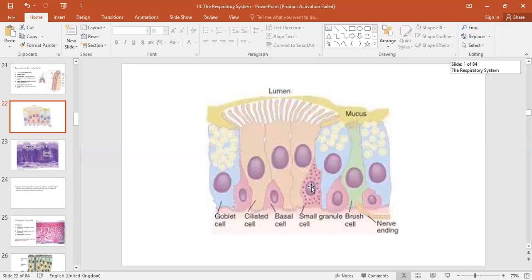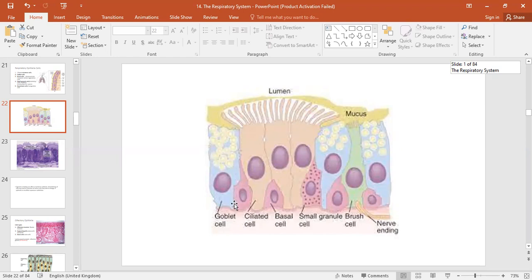They are called small granule cells because they have a lot of granules in their cytoplasm. And these granules act as local hormones. So these are endocrine cells, isolated endocrine cells found within the respiratory system. So they influence or control activities of cells nearby, like goblet cells and columnar cells.